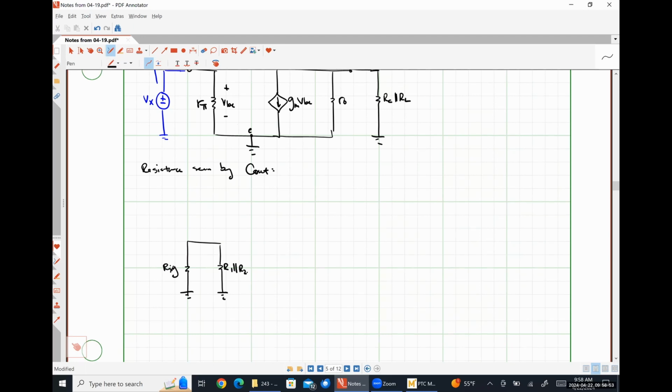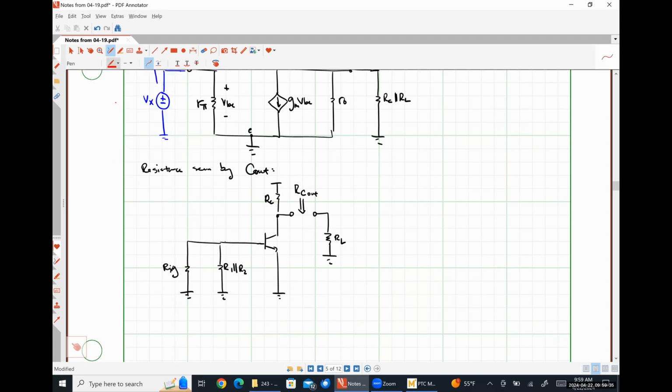R1 in parallel with R2 connected to the base of my transistor. My bypass capacitor CE is still shorting out that resistance RE, so it's not showing up anywhere. Here's RC. Here's RL. And we're trying to find this resistance, RC out.